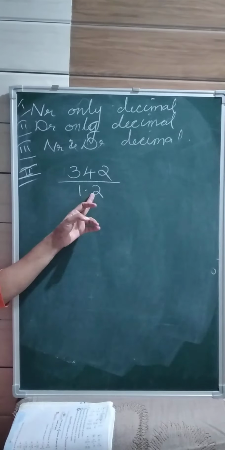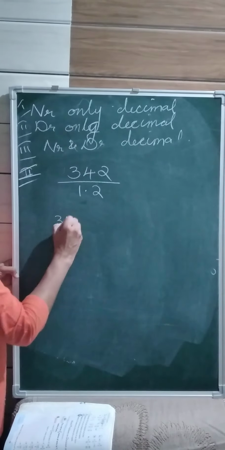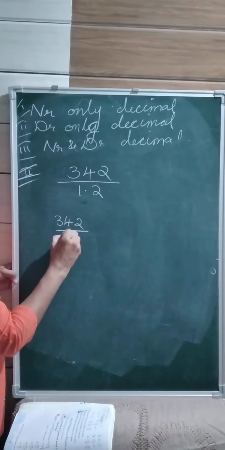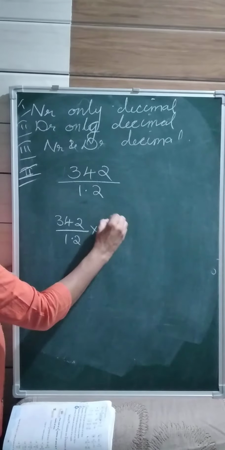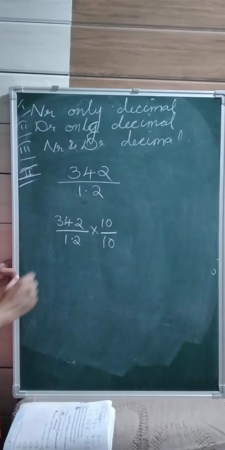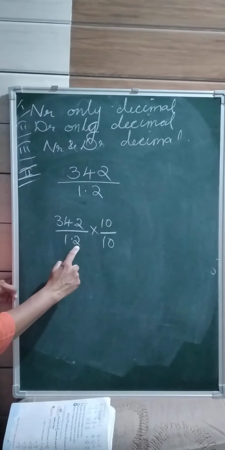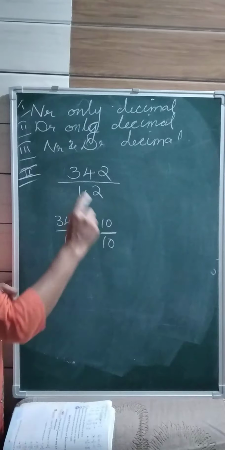How many digits are here? One digit. So you can multiply and divide the numerator and the denominator by 10. Only one digit is in the decimal, so we use 10.